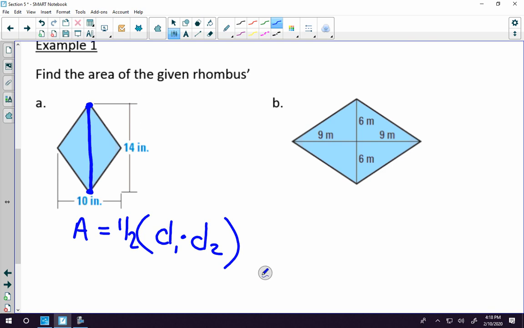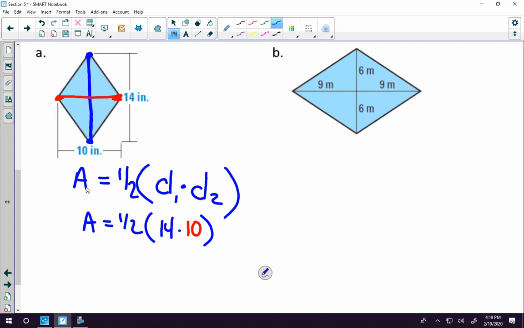So in blue we have one diagonal, which is 14 inches in length. Okay, so we're going to take 14, then we're going to find the length of the other diagonal, which would be 10 inches. We're going to take 14 times 10, we're going to multiply those, which is going to give us 140. Then we'll take half of that.